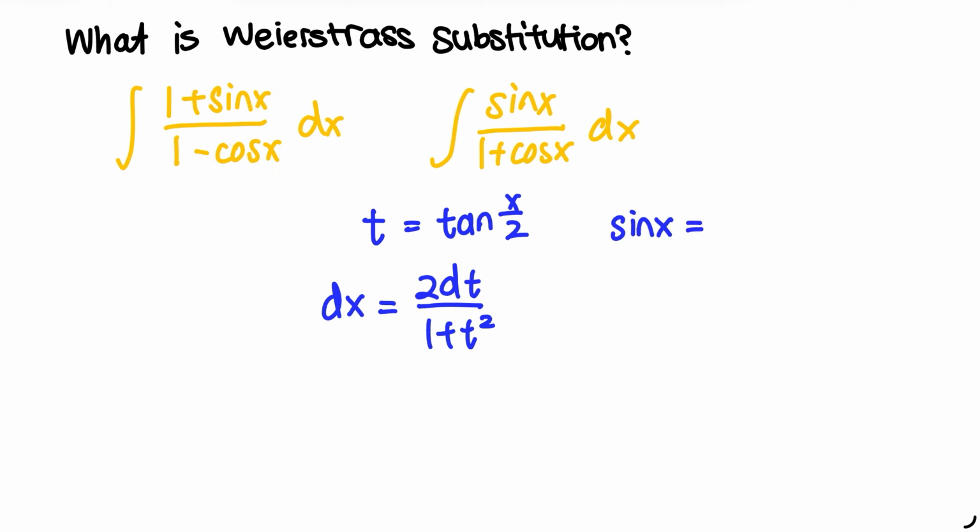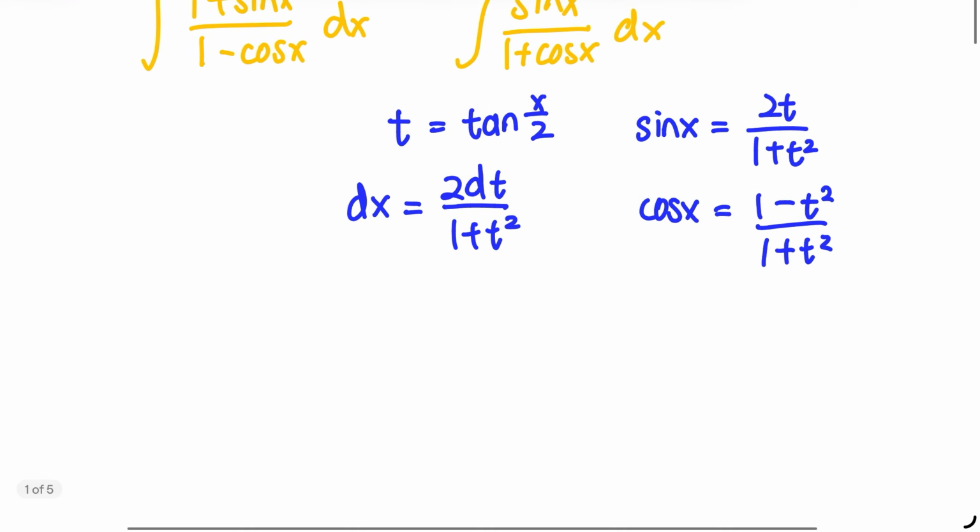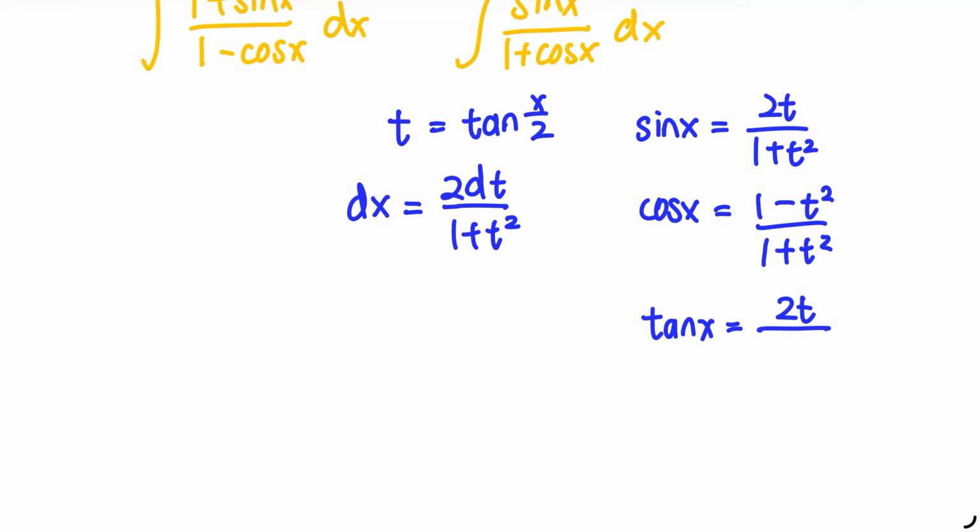Sine x is just 2t over 1 plus t squared. Cosine x is 1 minus t squared over 1 plus t squared. Tangent x is 2t over 1 minus t squared.